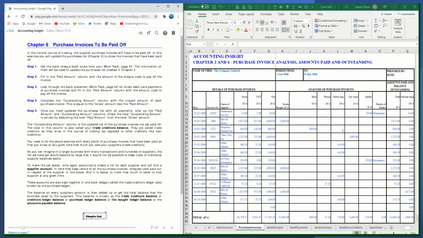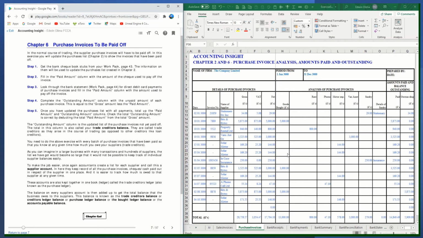So in our little business, we've done a few invoices for the whole year. This is easy for anybody to understand, but you can imagine for a large business there'll be thousands of invoices over the year and hundreds of suppliers or trade creditors. You can't have a list like this, it would be too difficult to look through.